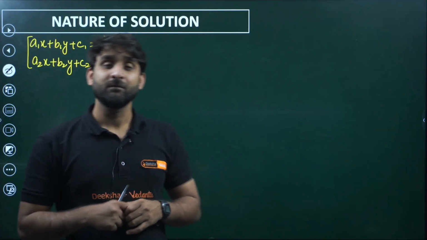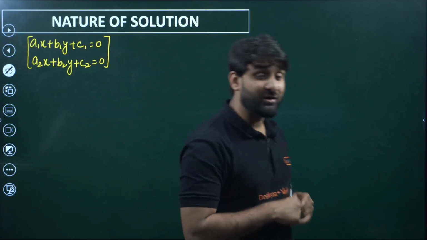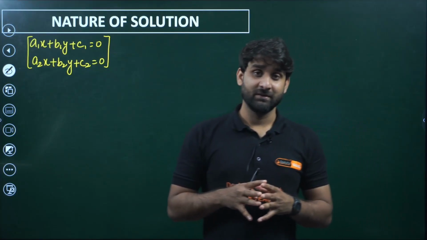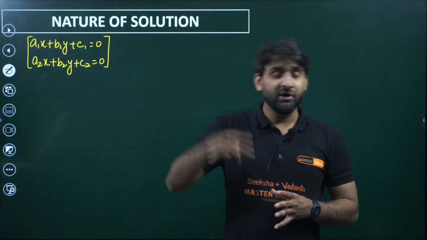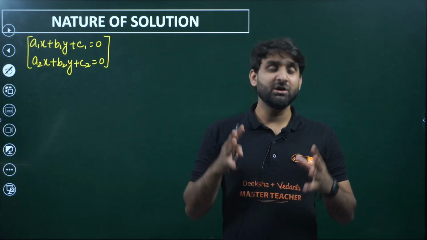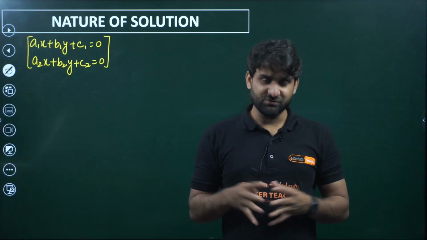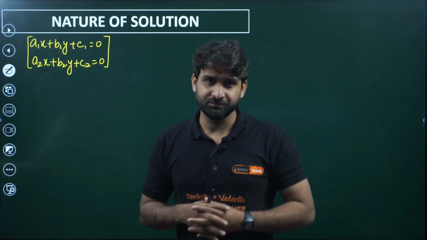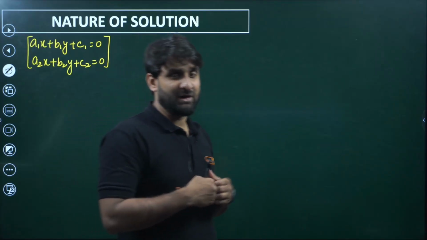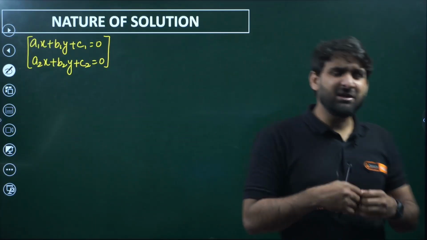When you solve a pair of linear equations in 2 variables, there are 3 possibilities. The linear equations may have infinitely many solutions, exactly one solution, or no solution. But how to find that, sir? Is there any methodology?